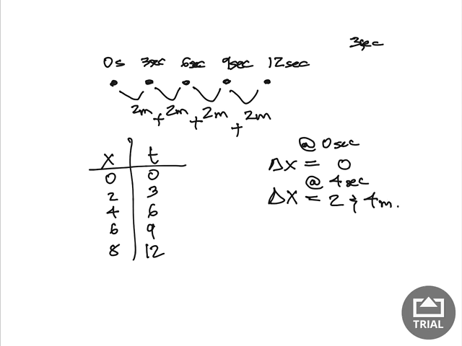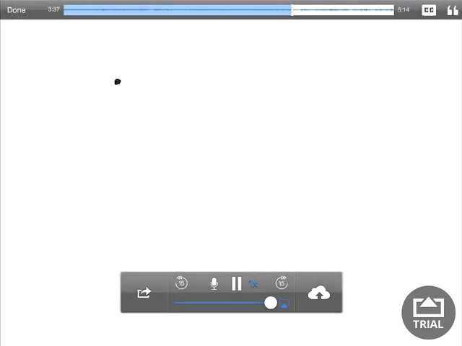So I have this particular object. As you can see, guys, the object is traveling, and as it travels, the distance between the dots is increasing. So we can safely say that the object is speeding up, or is increasing in velocity.